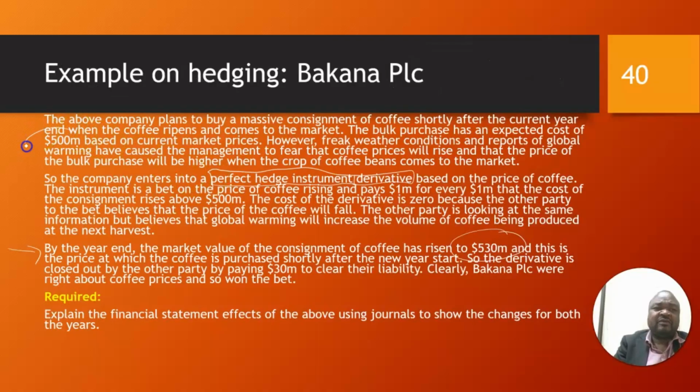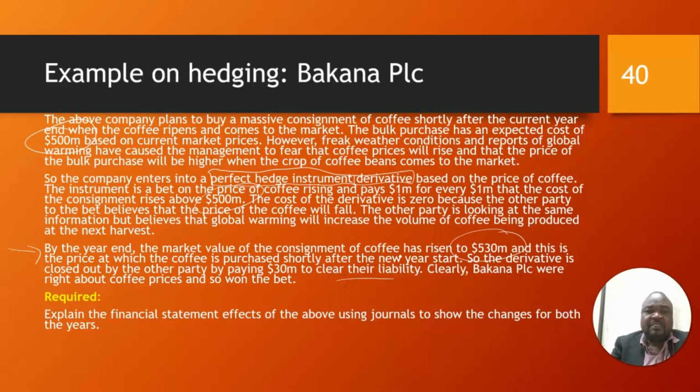Remember, it was expected to be 500. However, they entered into that bet that if the cost rose from 500, then every 1 million rise was going to be compensated by a 1 million payout, right? So the derivative is closed by the other party by paying 30 million, which is the difference between 530 and 500.